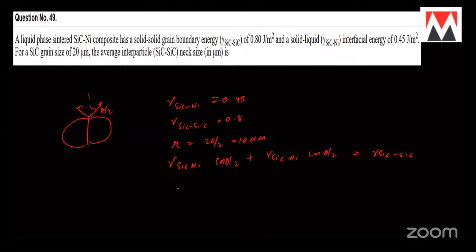So you have 2 gamma SiC-nickel cos theta by 2 is equal to gamma SiC. Now, cos theta by 2 is equal to gamma SiC, the interfacial energy of 0.8, by 2 into 0.45. So theta by 2 equals cos inverse 8 by 9.